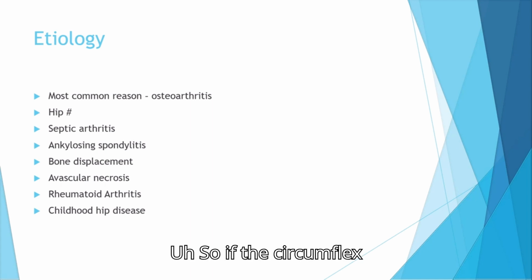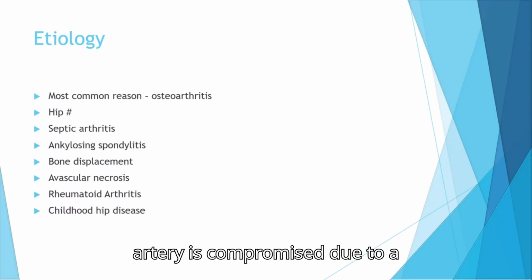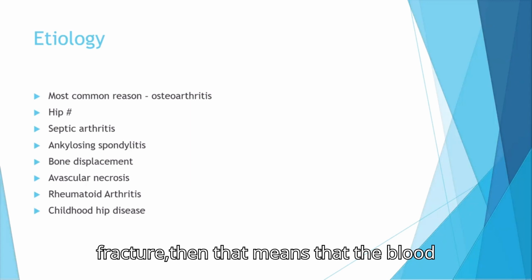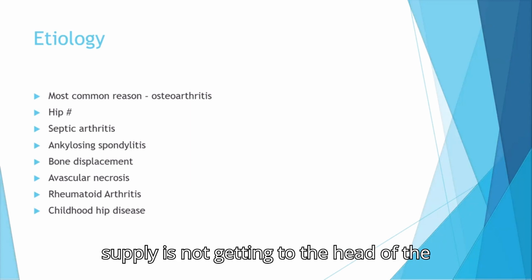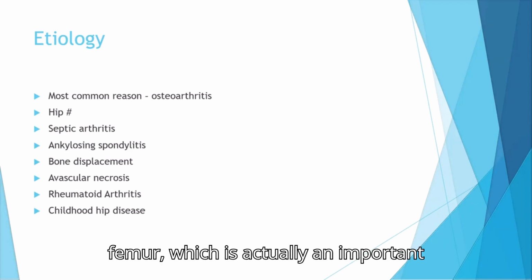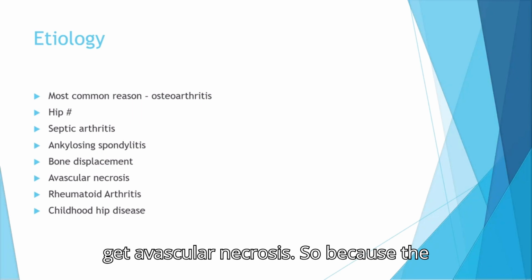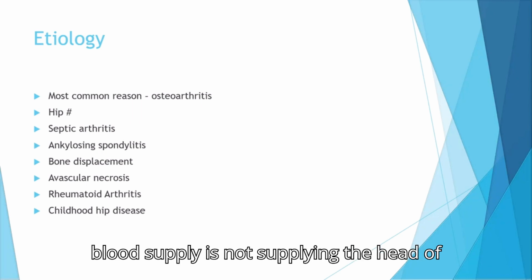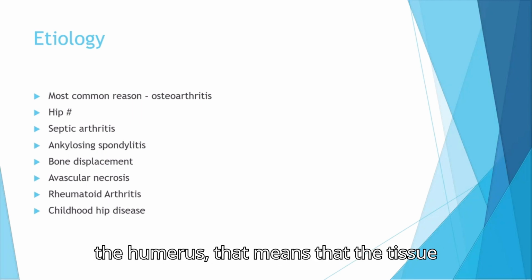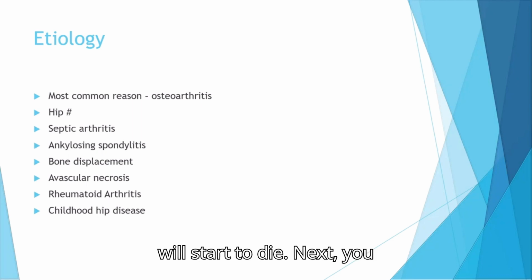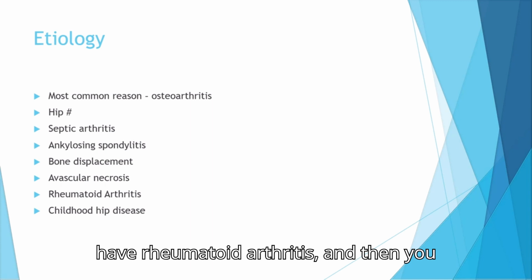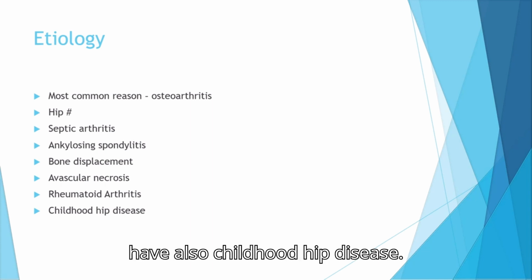If the circumflex artery is compromised due to a fracture, then the blood supply is not getting to the head of the femur, which is an important part and it's necessary. So then you get avascular necrosis. Because the blood supply is not supplying the head of the femur, the tissue will start to die. Next, you have rheumatoid arthritis, and then you also have childhood hip disease.